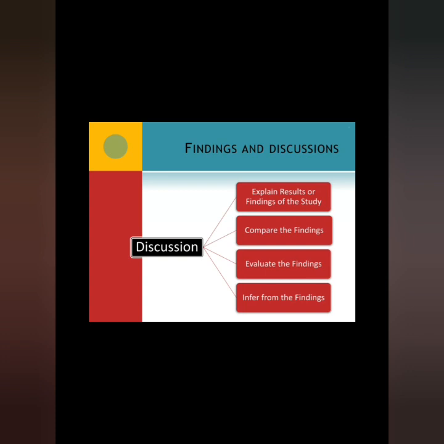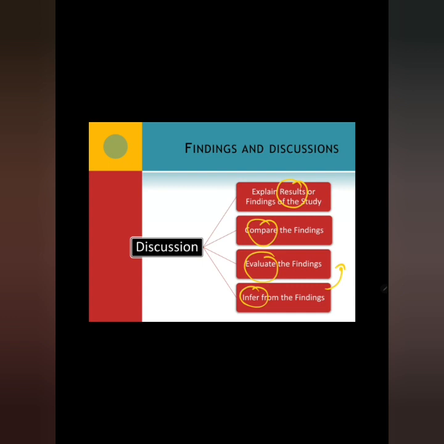How you are going to write the discussion will vary. It depends on what you are going to talk about, and again, as I said, depending on the objectives of the study. So you can basically explain the results, you can compare the findings, you can evaluate the findings, or you can infer the findings.